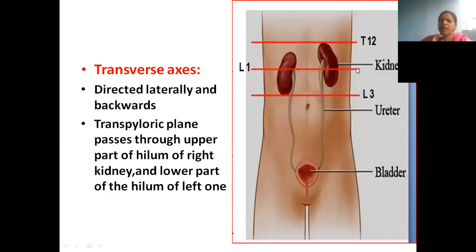If you remember me telling about the transpyloric plane, it cuts the upper part of the hilum of the right kidney and the lower part of the hilum of the left kidney. The right kidney is situated a little lower than the left kidney, because on the right side we have the liver, a quite big bulky organ. On the left side we have only the stomach, isn't it?